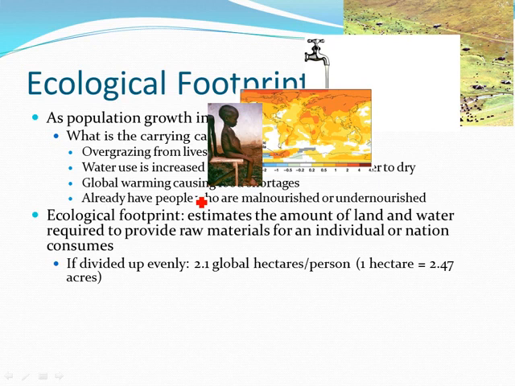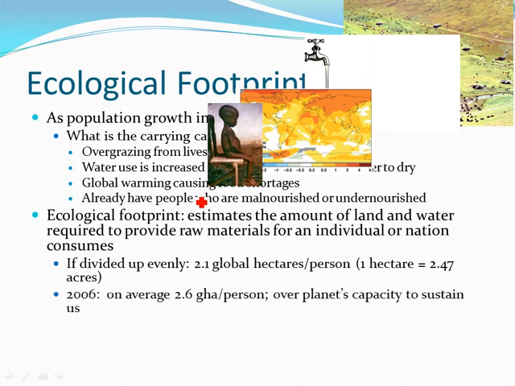One hectare is about 2.47 acres of land. Okay, so that's if everyone's equal. I'm just saying, the amount of land that will sustain the energy that an average person uses would be 2.1.